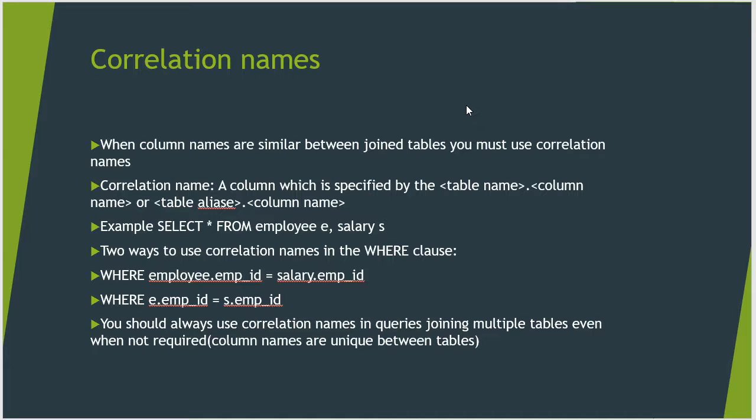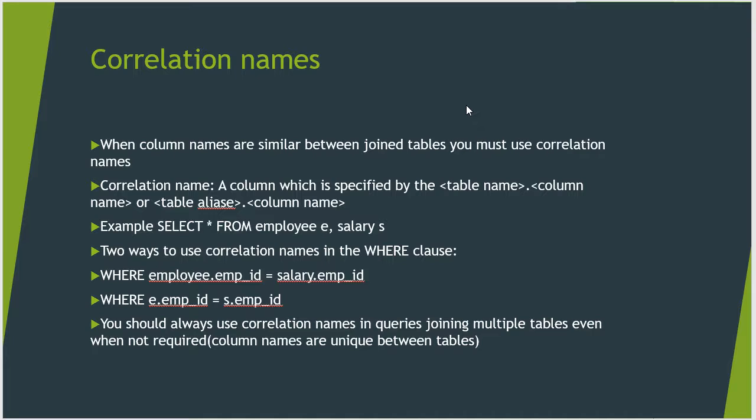And if you look below at the examples, you could either do E.employeeID equals S.employeeID, or if you didn't abbreviate, or even if you did, you can still use the full table name, such as employee.empid or salary.empid. I think in class we decided that abbreviating and typing less was a lot easier.